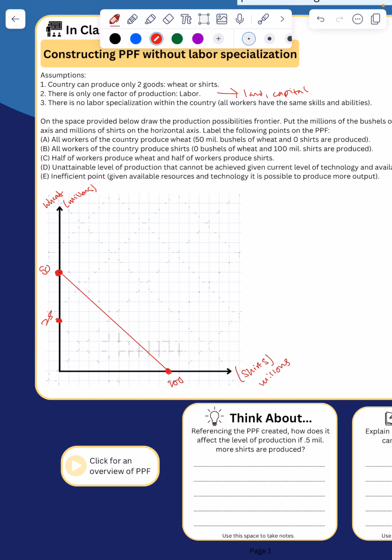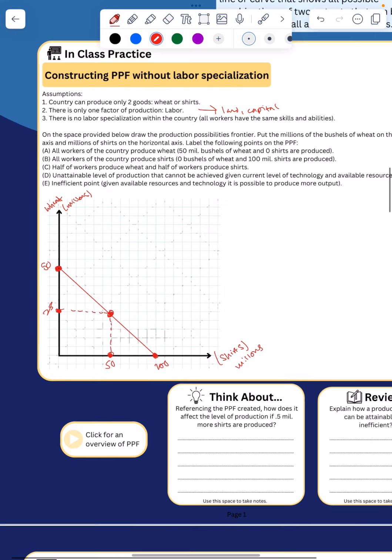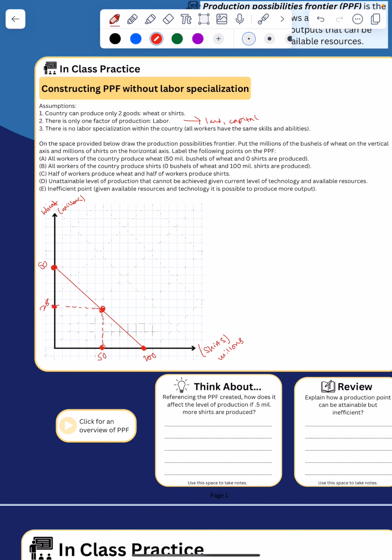That'd be 25. And then half of the workers produce shirts, so we would cut that number down to 50. So that would be half. And then our new point on the production possibilities frontier for this specific scenario would be right there. It'd be 25 and 50.